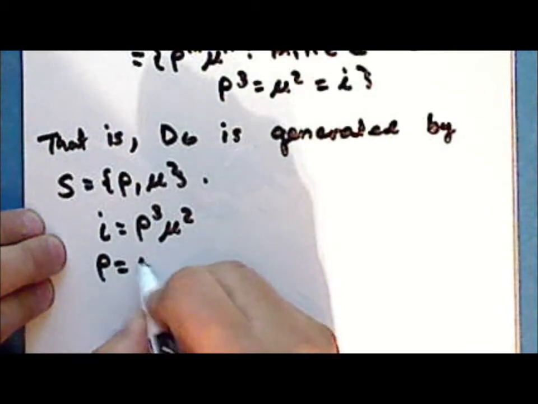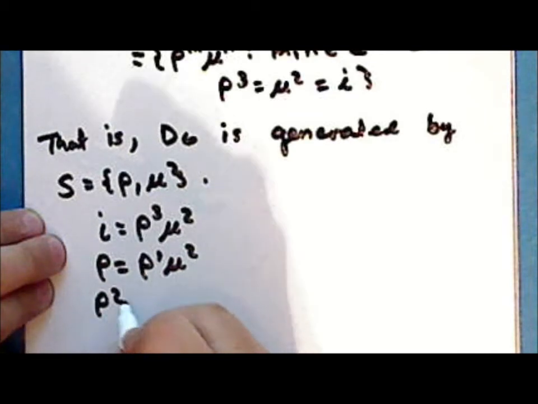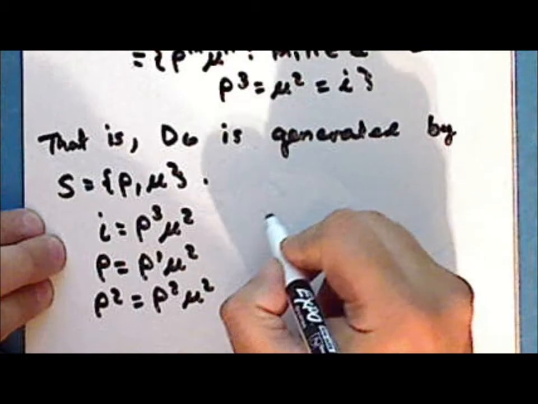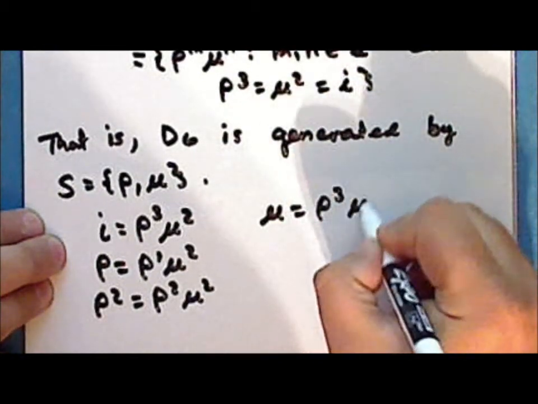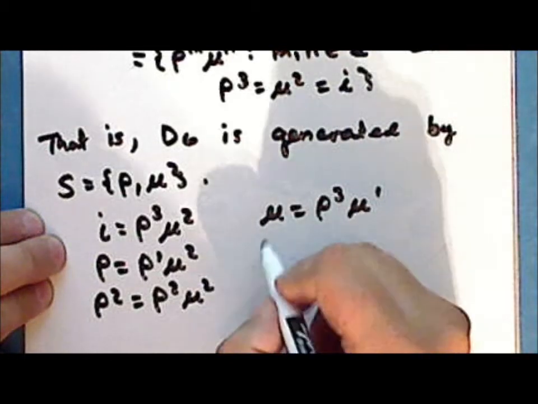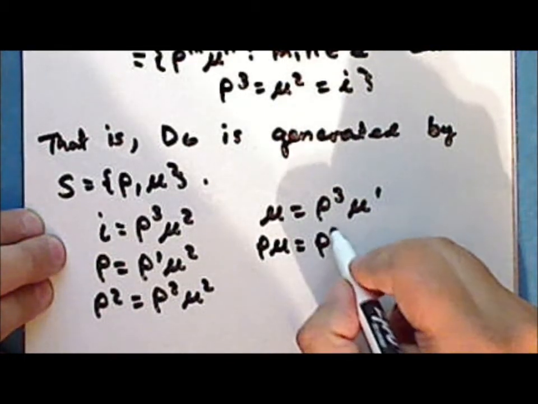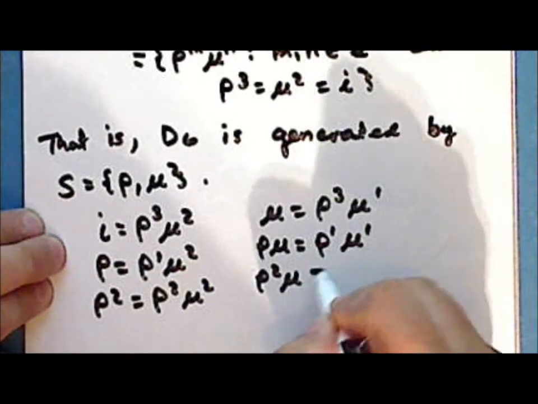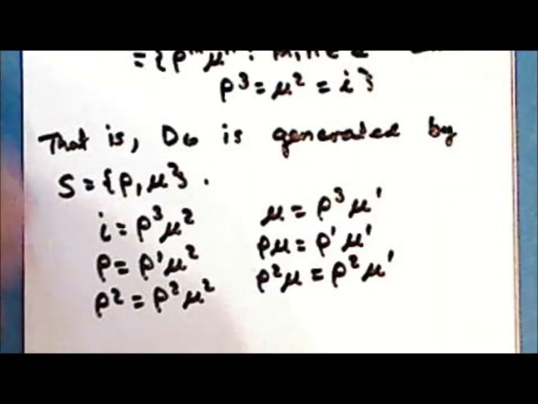Rho is equal to rho to the power of 1 times mu squared. Rho squared is equal to the product rho squared times mu squared. Mu is equal to the product rho to the third power times mu to the first power. Rho times mu is equal to rho to the first power times mu to the first power, and rho squared times mu is equal to rho to the second power times mu to the first power.